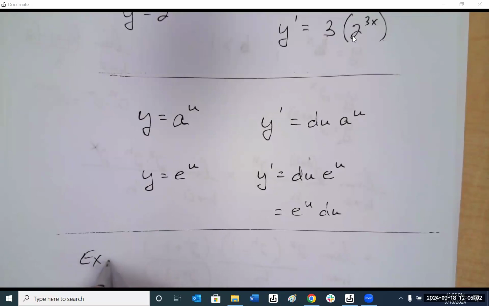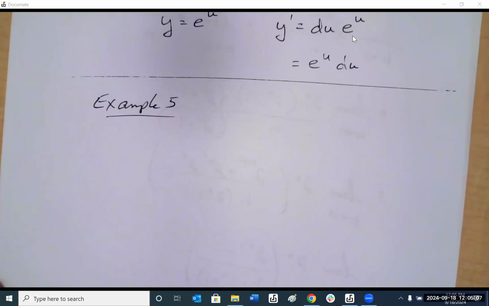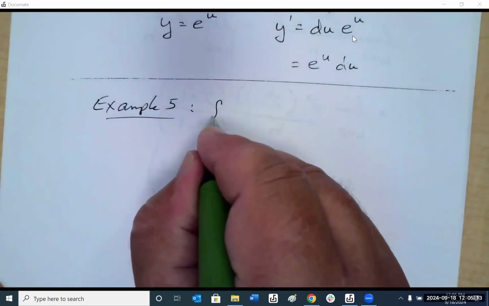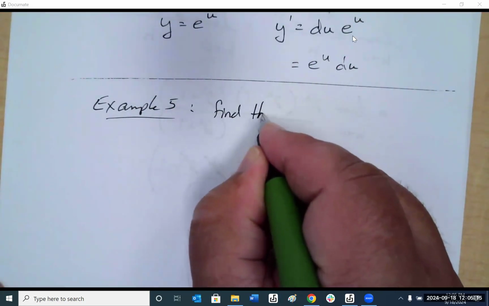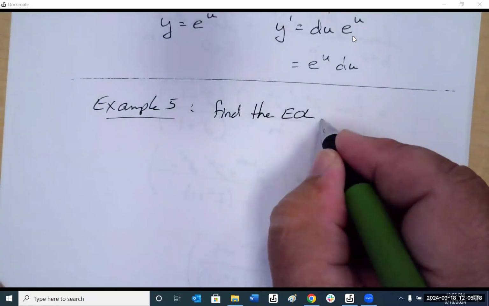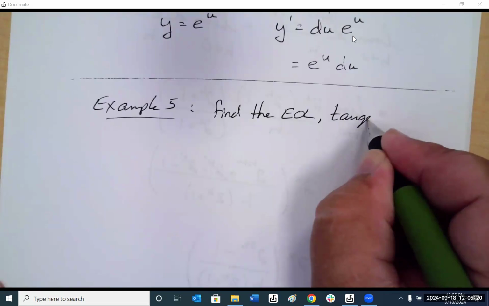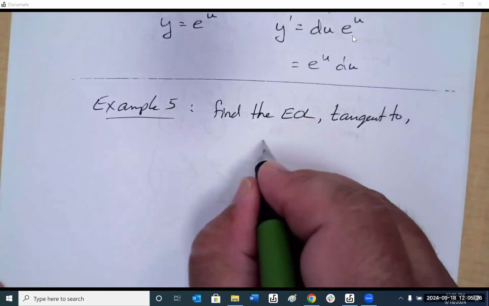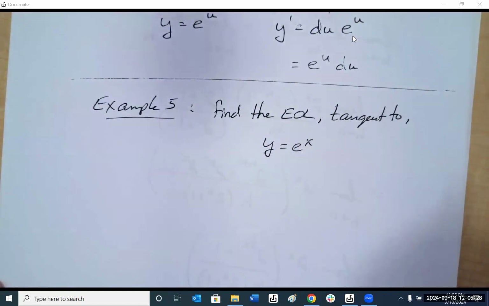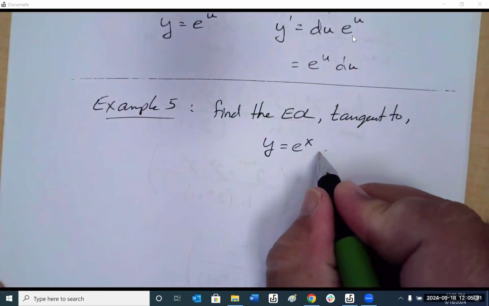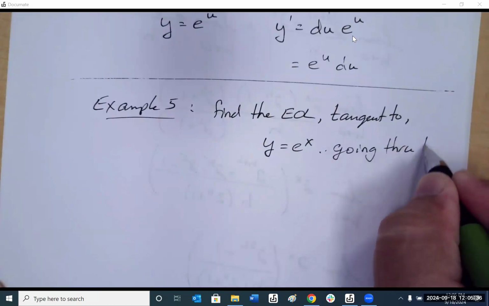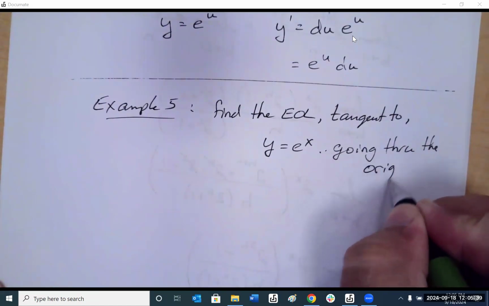Example 5. It says, find the equation of the line that is tangent to the graph. Find the equation of the line tangent to y equals e to the x, going through the origin.